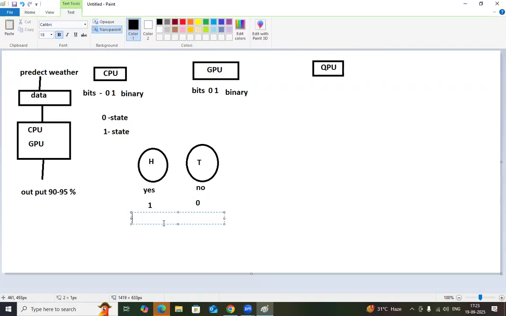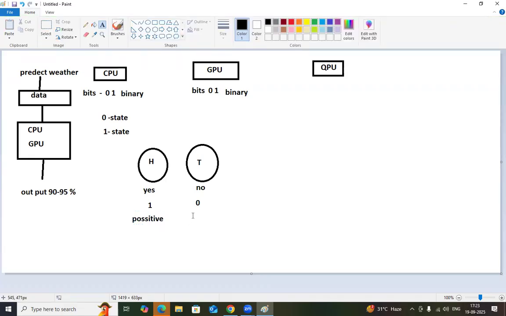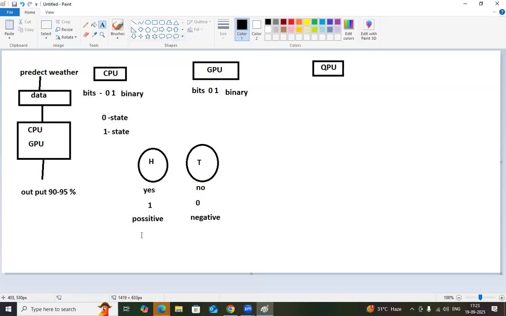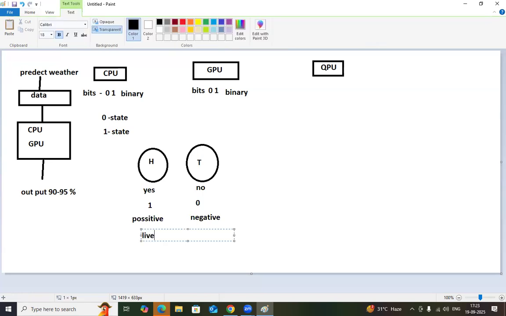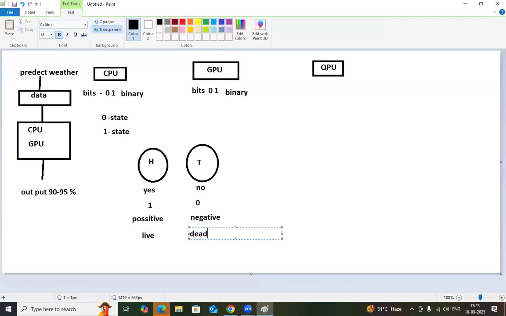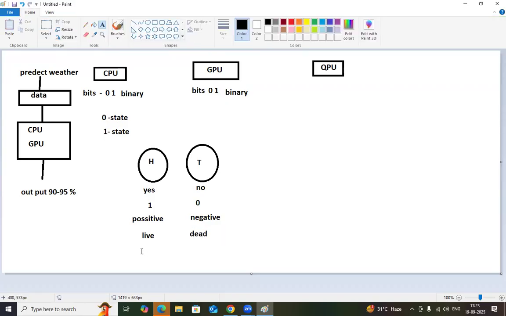Or it may be positive or negative. Some state is clearly being defined. Either live or dead, available or not available.